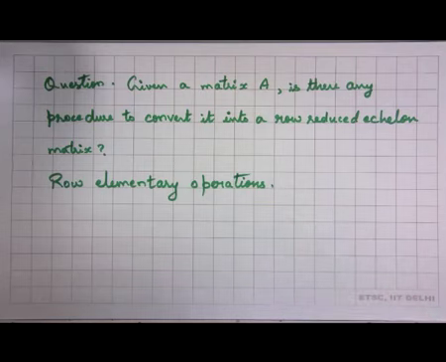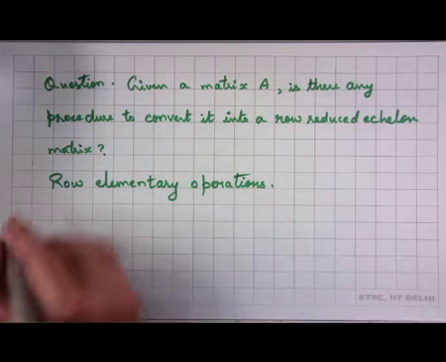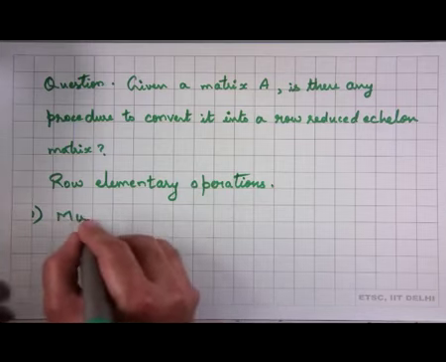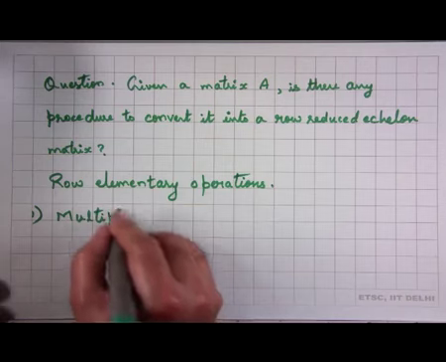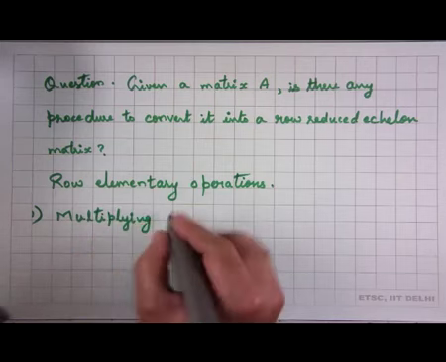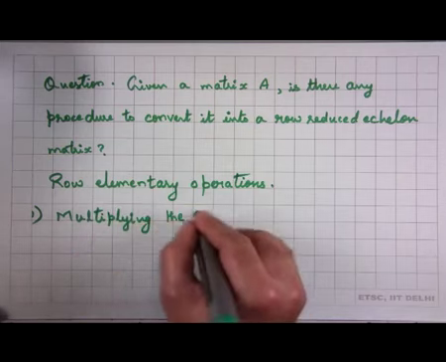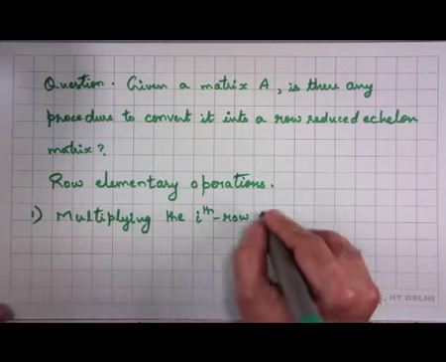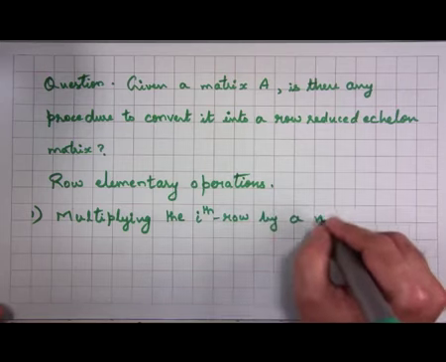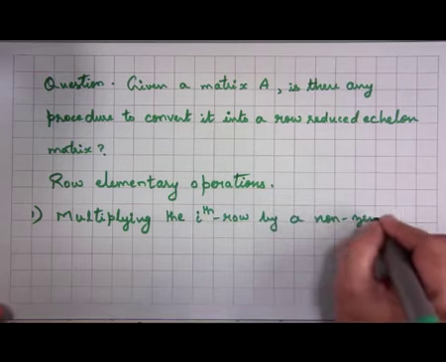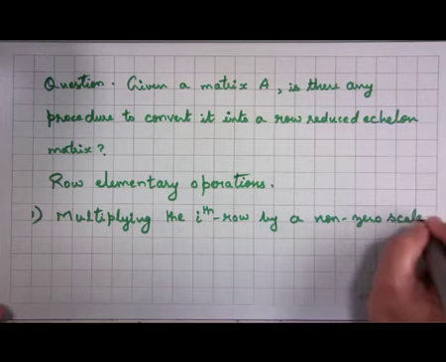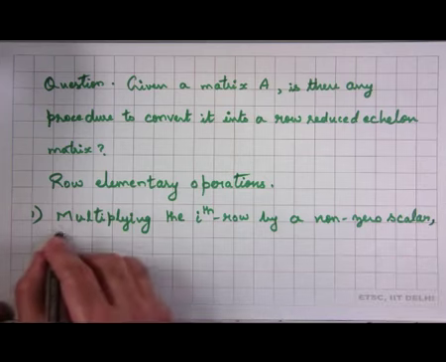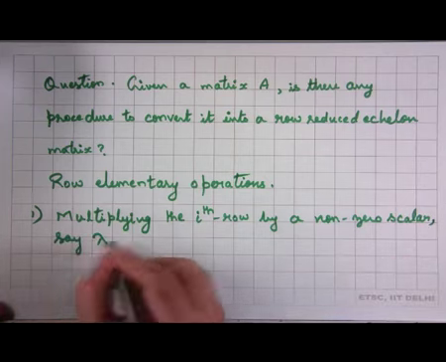There are 3 row elementary operations. First one, multiplying the ith row by a non-zero scalar, say lambda.